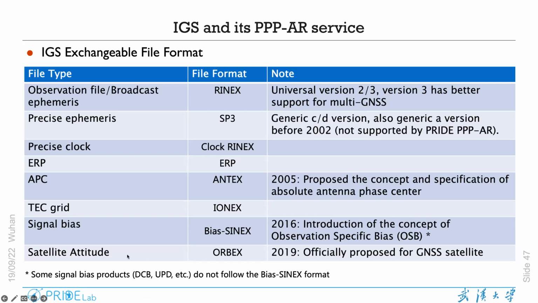The ORBEX file contains the satellite attitude, which describes how the satellites rotate around their radial direction in space. So this correction is very critical to the correction of the antenna phase centers as well as the clocks. So we use this ORBEX file from the IGS to have a more precise description of the satellite attitude in space.